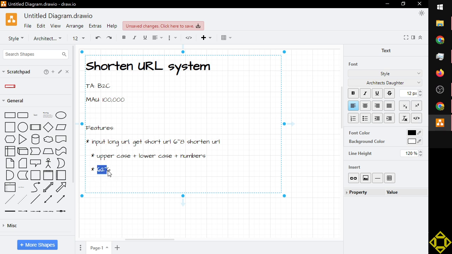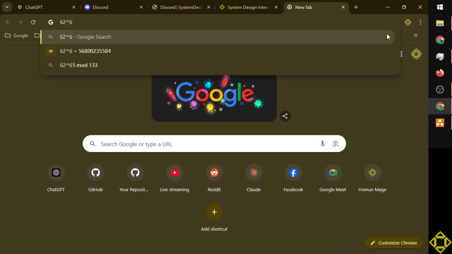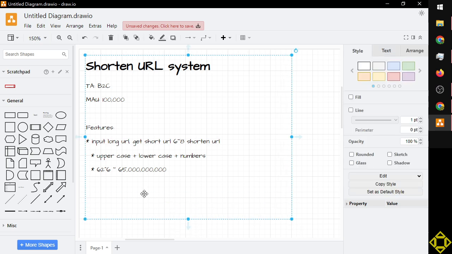So in general, we will do a short calculation about this. It will be approximately these numbers of what we can do. And also we will talk about storage.